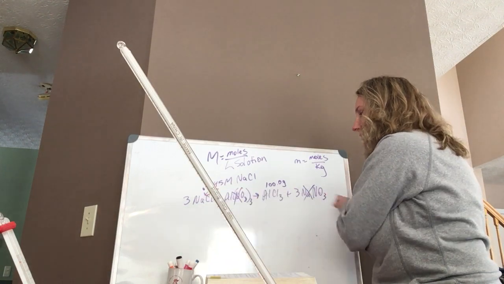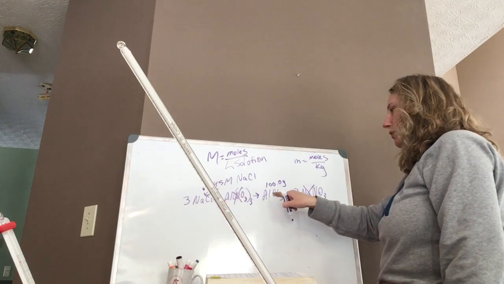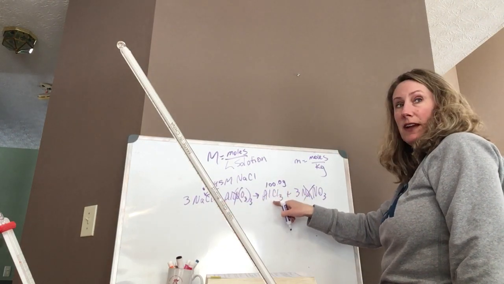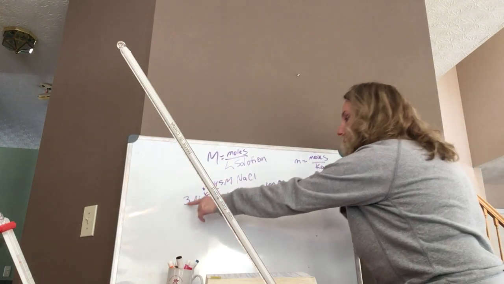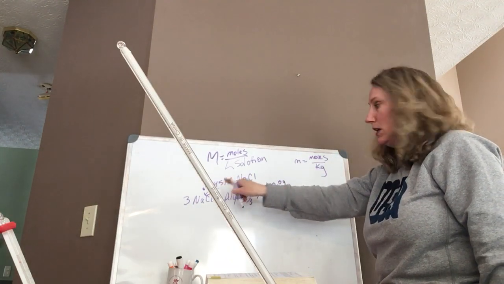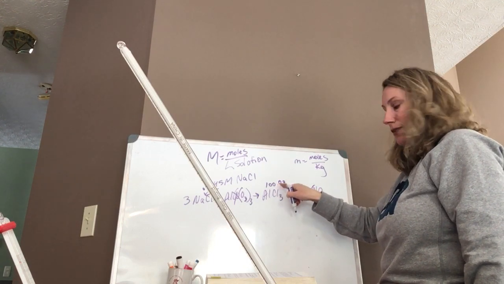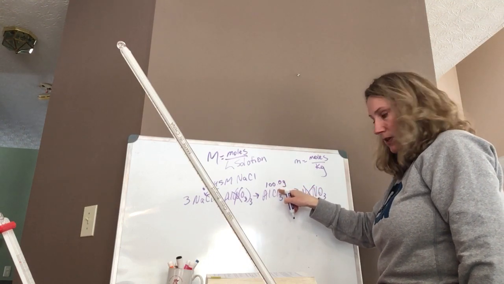When I have a balanced equation, I know that for every 3 moles of this, I'm going to get 1 mole of this. That's going to factor in. But when I'm talking about moles to moles, that means I have to convert this first to moles. So I'm going to start with what I want. So I'm going to start here.